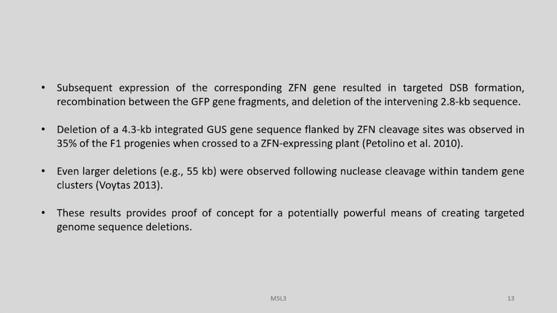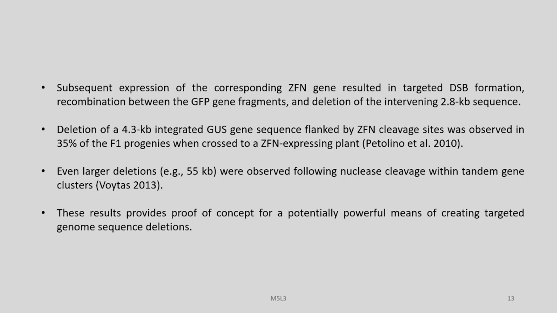Subsequently, upon expression of the corresponding zinc finger nuclease gene, we have targeted double strand break formation, and then there will be the recombination of the GFP gene fragments, which we will show you in the next slide, and the deletion of the intervening 2.8 kb sequence.